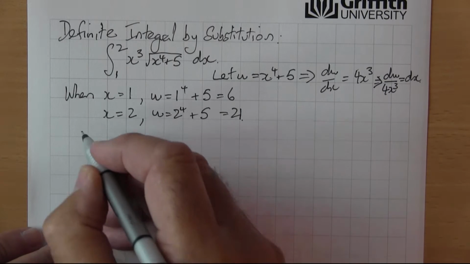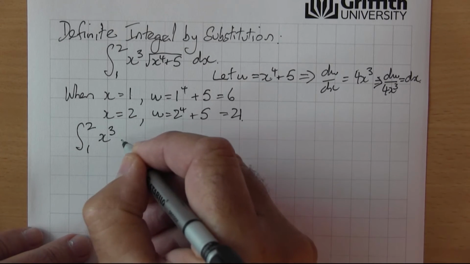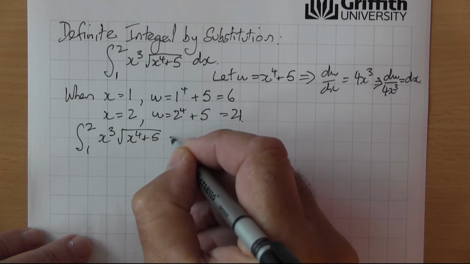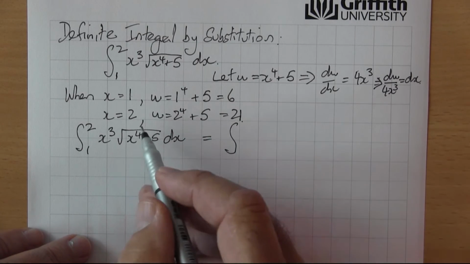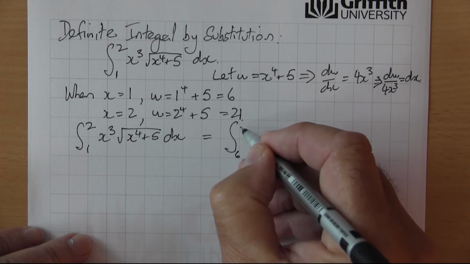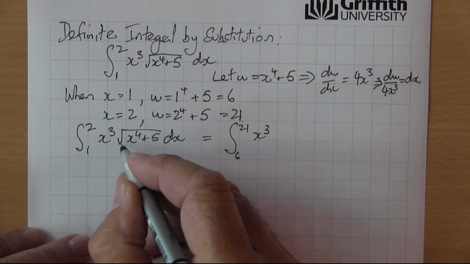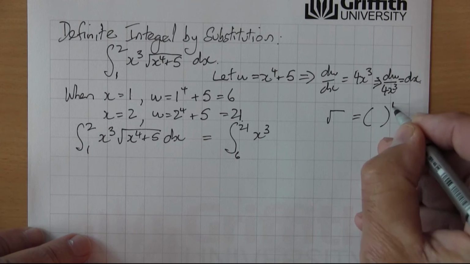So we'll just write the question out again. Integral between 1 and 2 of x cubed square root of x to the 4 plus 5 dx is equal to the integral. Now we just said we need u values here between 6 and 21. X cubed, we hope will cancel out. Square root sign is to the power of a half.